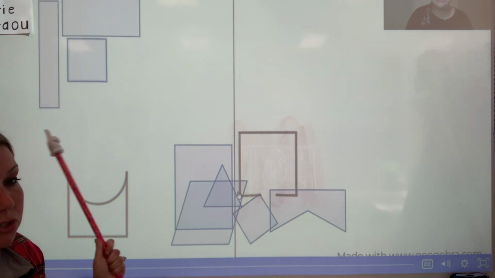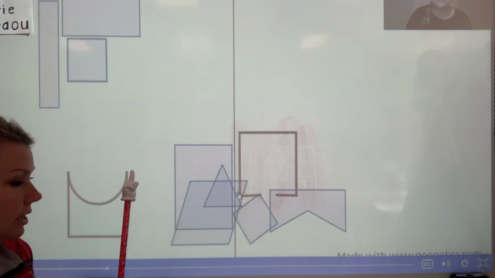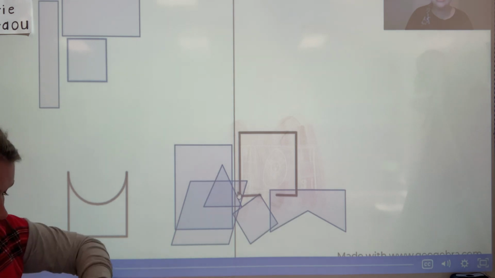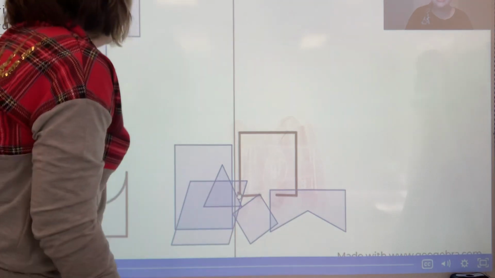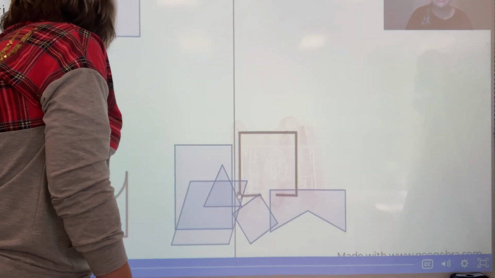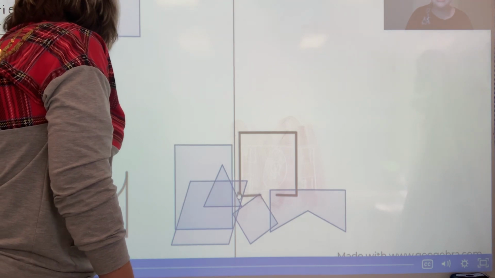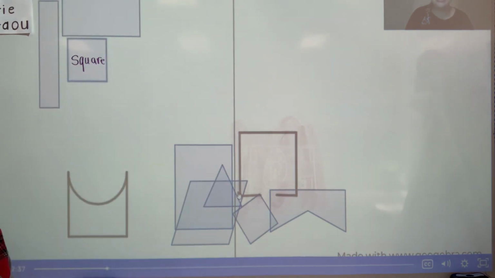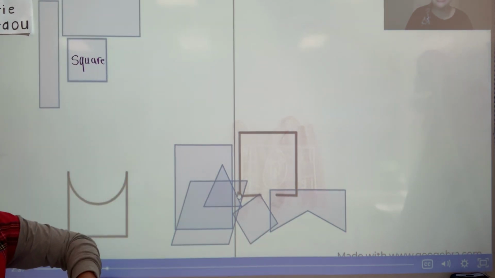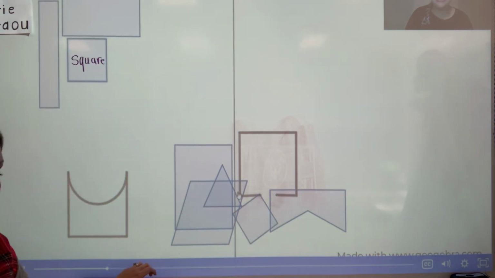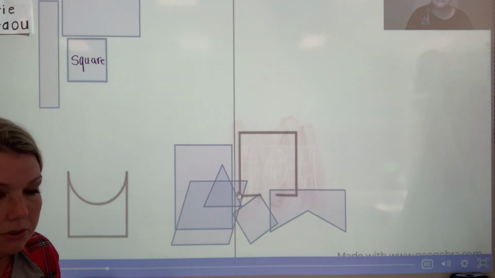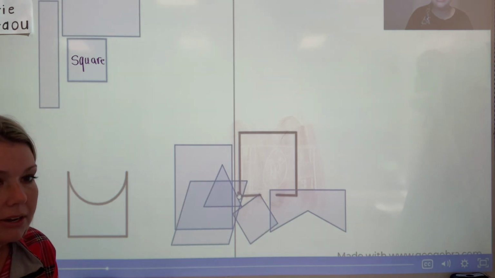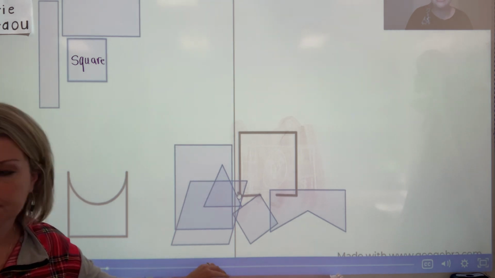And the special name for that rectangle is square. So I'm going to write square inside. It is a rectangle, but it's a special rectangle called a square. All right, let's listen some more.